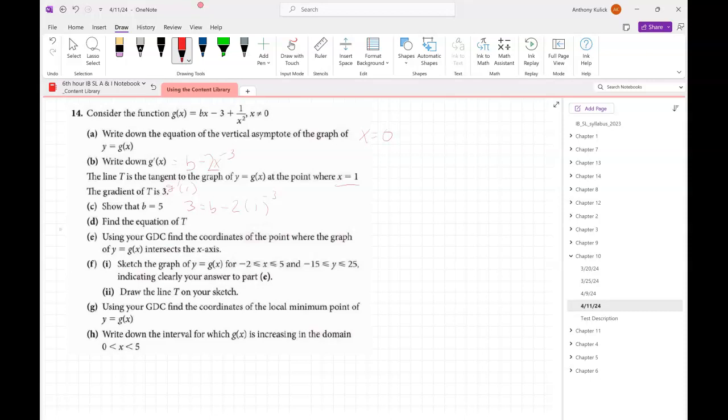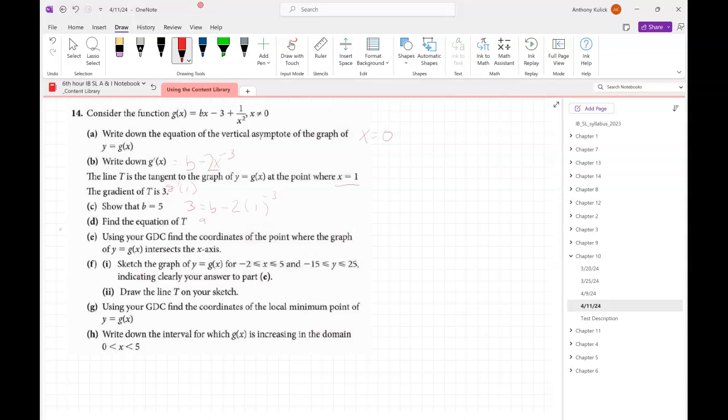What are you missing to find the equation of t? What do you still need? Well, you don't have the y-coordinate of the point that it's passing through, right? You have the slope of the line. You have the x-coordinate where it's passing through, but you don't have the y-coordinate on the function.